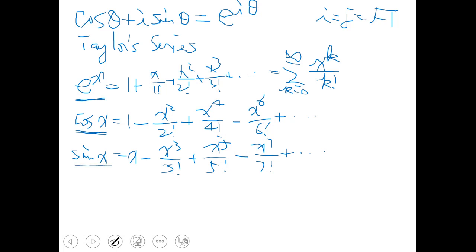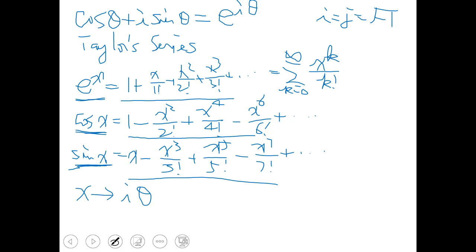If you learn complex analysis, the course may consider the convergence for complex functions, but for a simple explanation, you can just exchange x for i theta in these series, and then you will find what we call Euler's equation.